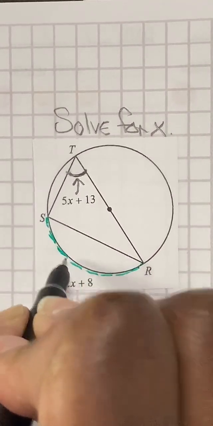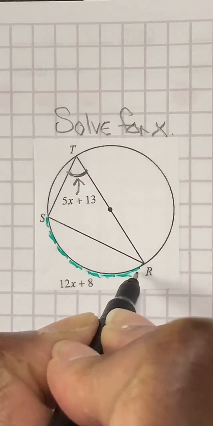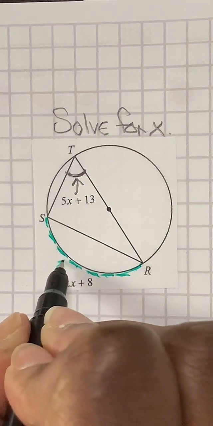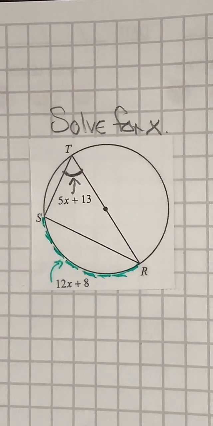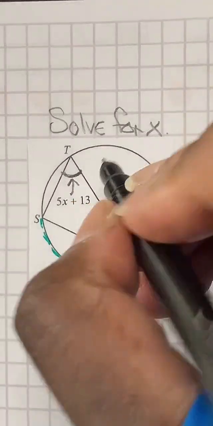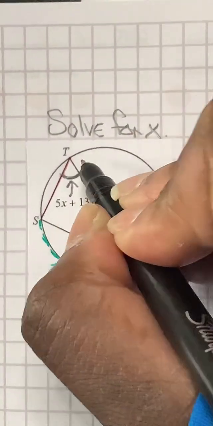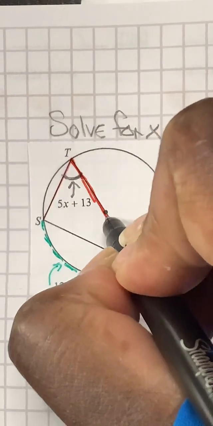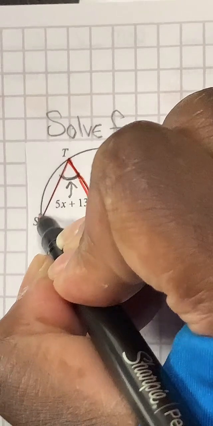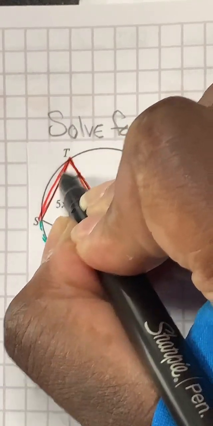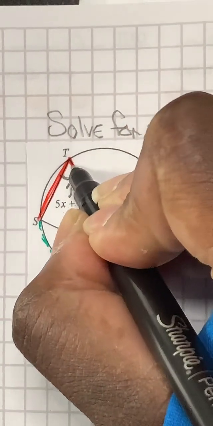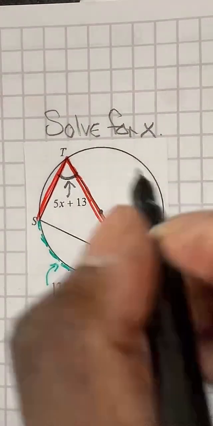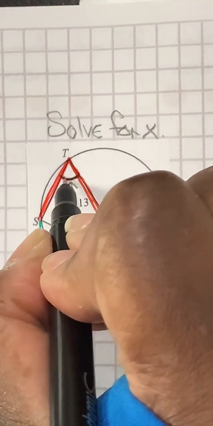So we got the measurement of the arc, which is your 12x plus 8. And then they gave us the angle. Just so y'all can see it, because sometimes it's a little hard to see it. Okay, so they're giving us this.